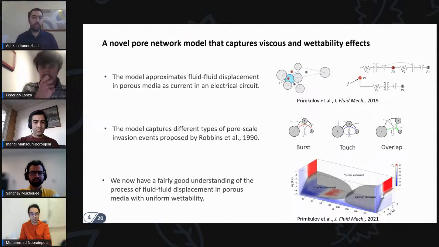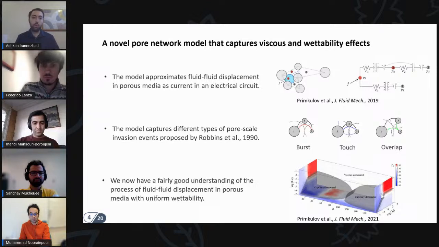These three types of pore scale invasions include burst, touch, and overlap. Burst is equivalent to Haines jumps, and touch happens when a fluid-fluid interface connecting two grains meets the body of a third grain, and consequently it occupies the neighboring pore. And overlap happens when two adjacent fluid-fluid interfaces meet each other and join to occupy the neighboring pore.